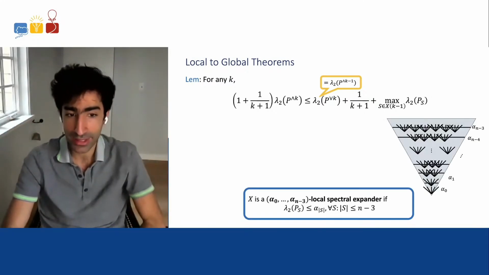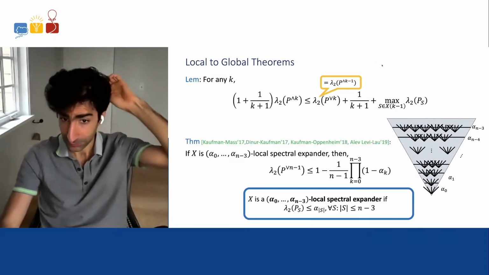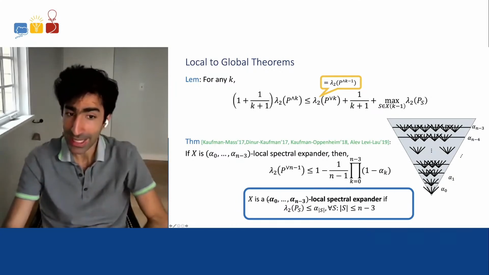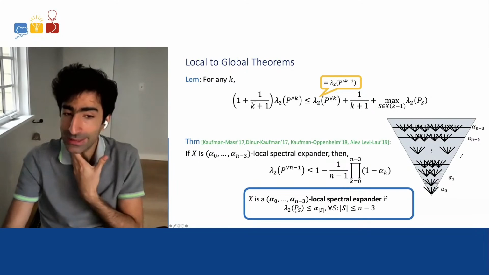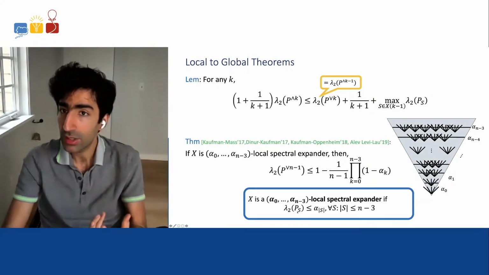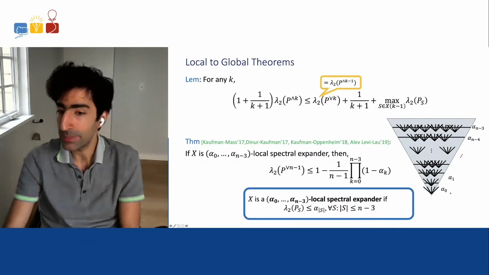I'll just tell you the main consequence. The main consequence is this theorem. Let's say you have a simplicial complex X, and I'll say that it's an alpha 0, alpha 1, up to alpha n minus 3 local spectral expander if for every face S, the second eigenvalue of the local random walk of the link at S is at most alpha of the size of S. So the empty set has second eigenvalue alpha 0, sets of size 1 have local random walk with second eigenvalue alpha 1, and so on.